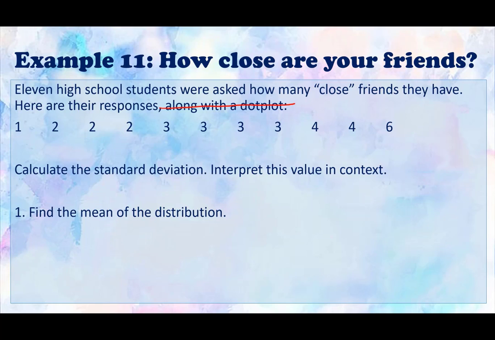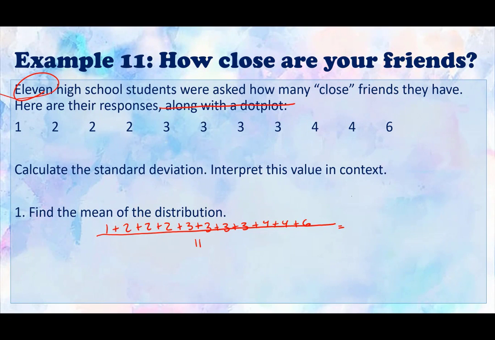And what we're actually going to do first is find the mean of the distribution. So in order to find the mean of the distribution, you can add all of these numbers up. And then we're going to divide, and how many are there? There's 11, so your n is 11. So you have 1 plus 2 plus 2 plus 2 plus 3 plus 3 plus 3 plus 4 plus 4 plus 6 divided by n, which would be, in this case, 11.